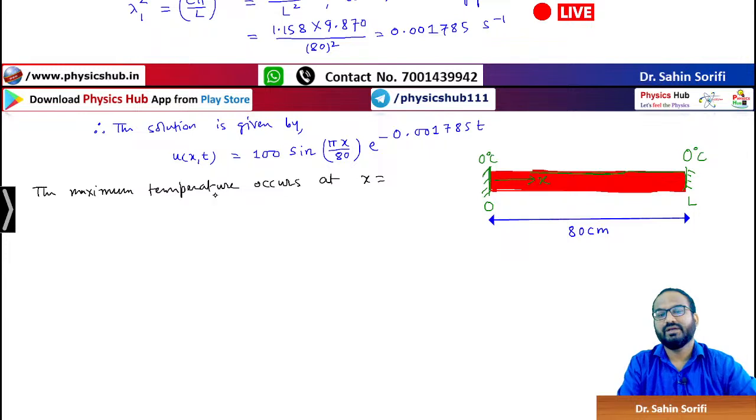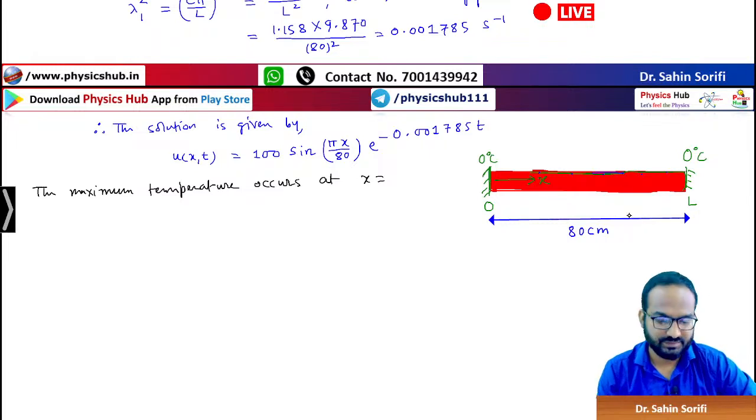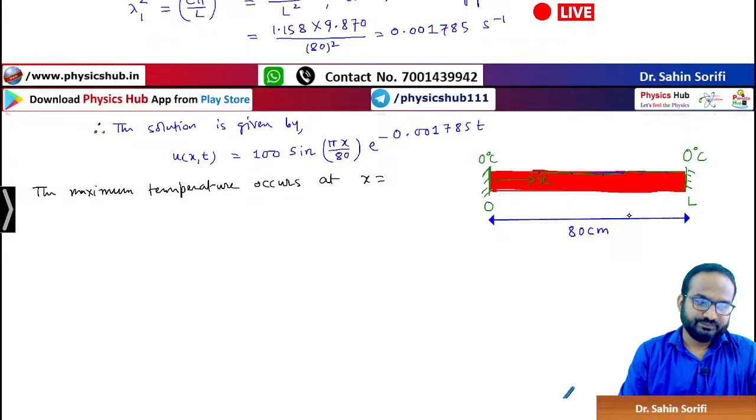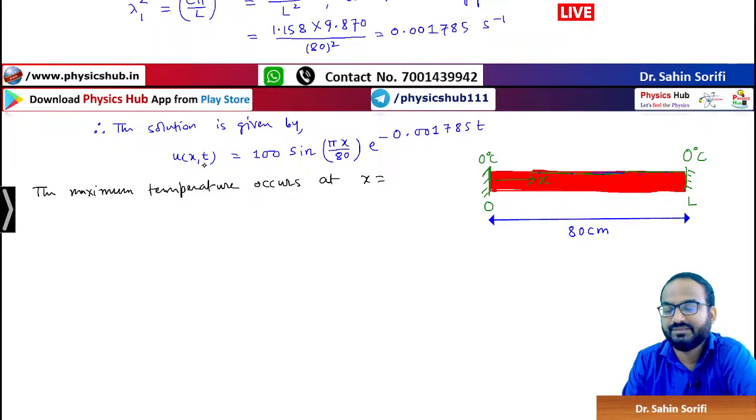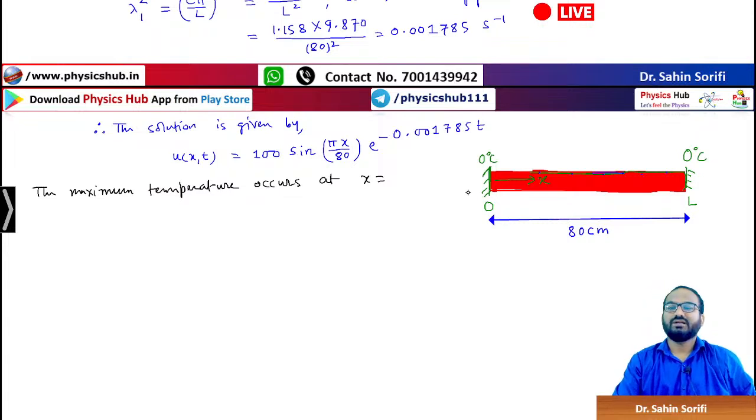So can you tell me where the maximum temperature will occur? Is it here, or where? You read u of x,t like the temperature at some point x at time t. So from this expression, can you tell me at what position of the bar the temperature will be maximum?